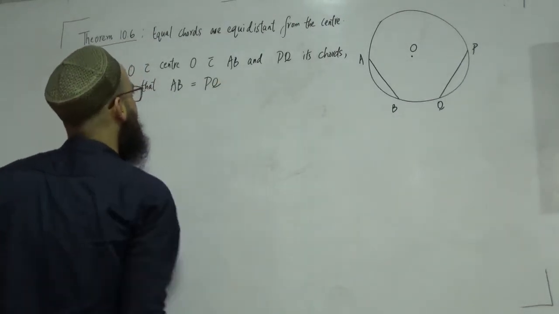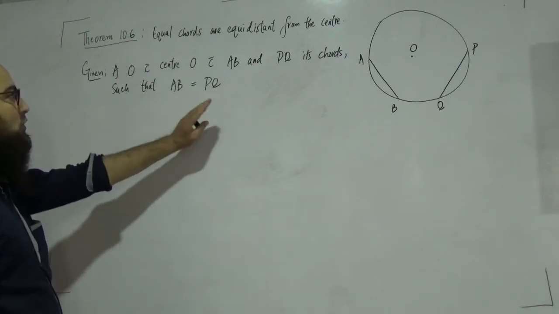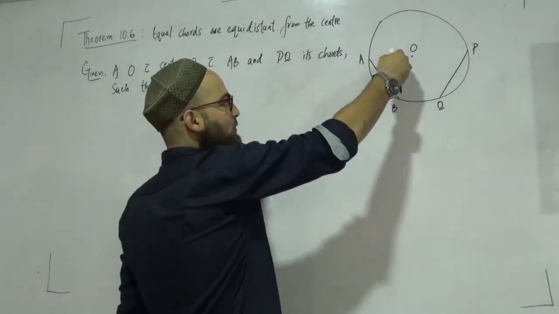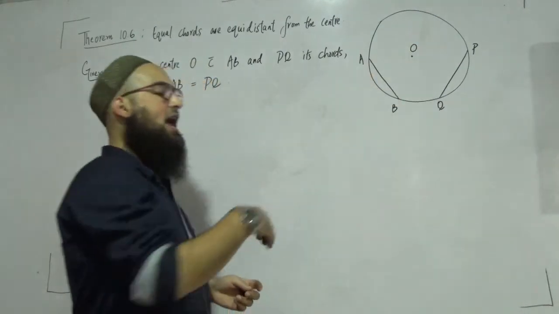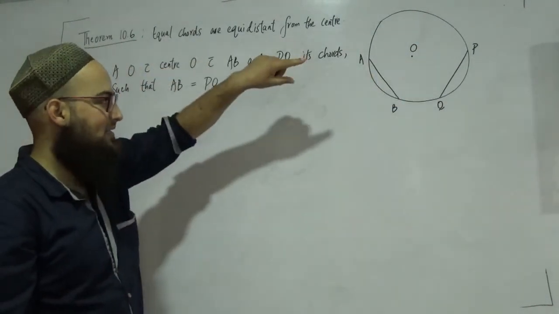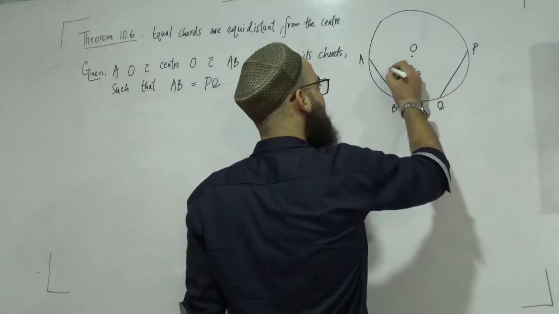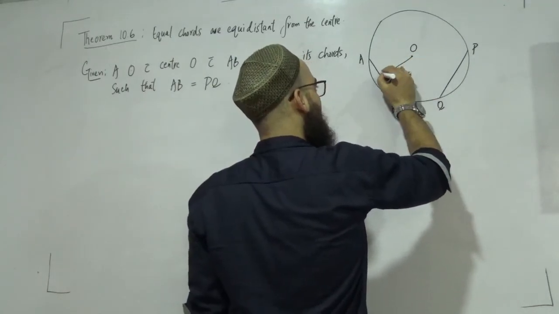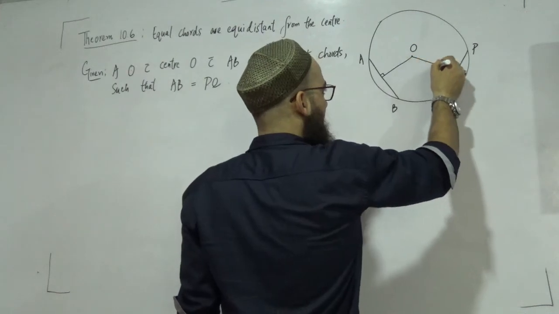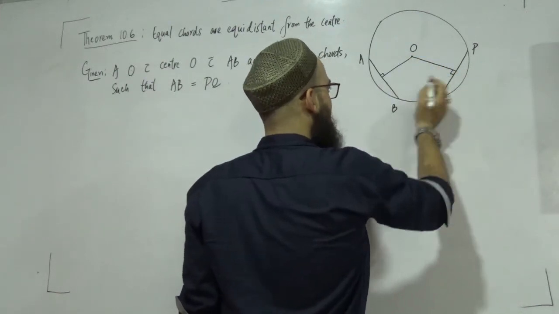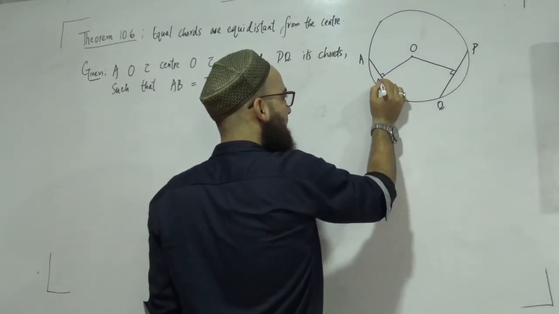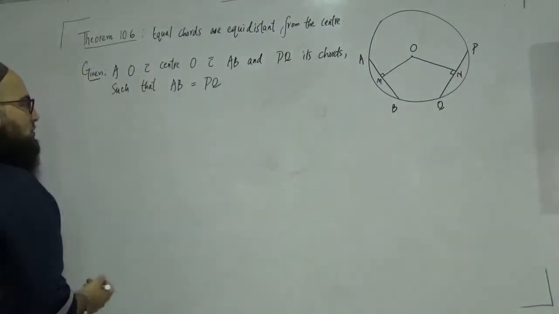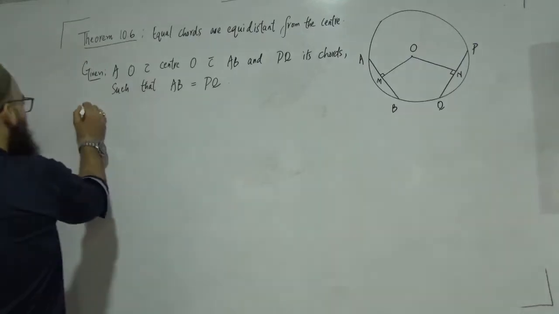This is given. Now we need to prove that these equal chords are equidistant from the center. Equidistant means distance from the center to the chord, and you know that we always take the perpendicular distance. So this is a perpendicular distance, and this is a perpendicular distance. Let us say this point is M, this point is N. So we need to prove that OM is equal to ON.